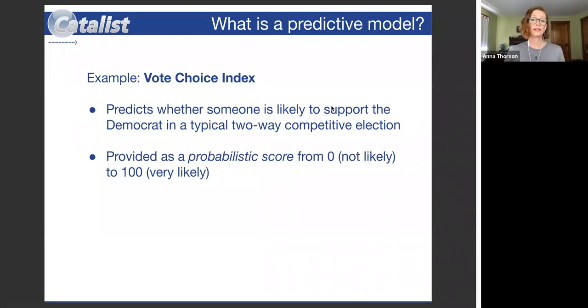So this is provided as a probabilistic score, again italicized. Again, I will talk about that later. From 0, which means not likely to support the Democrat, to 100, which means very likely to support the Democrat. Again, if you interact with this score, you will see it assigned to a person as a number.